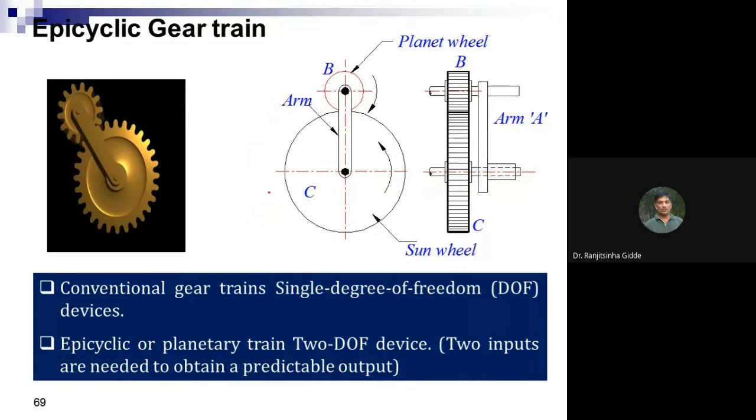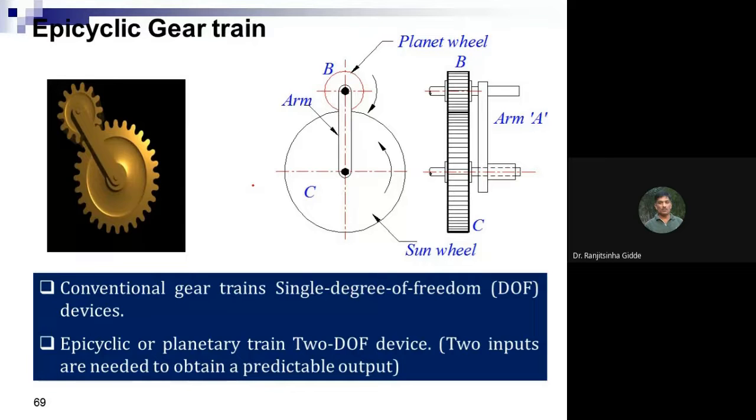So already we have seen types of tooth profile, in which there are two types. One is involute and another one is cycloidal. In the cycloidal tooth profile there is hypocycloidal and epicycloidal. So what is epicycloidal?